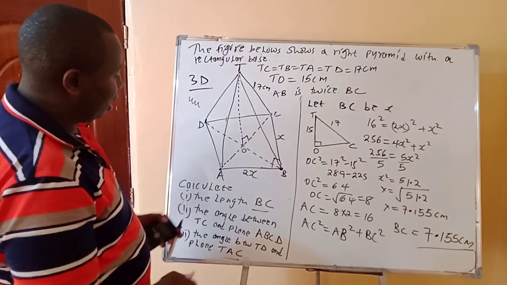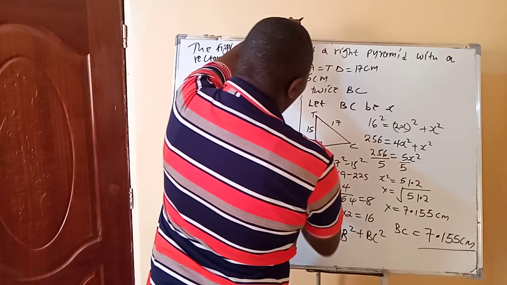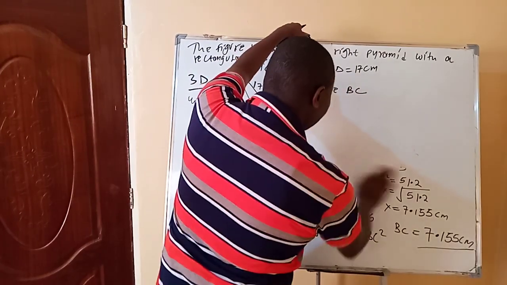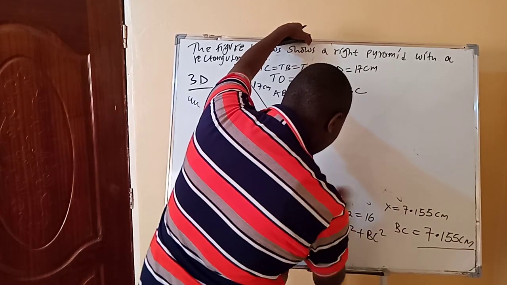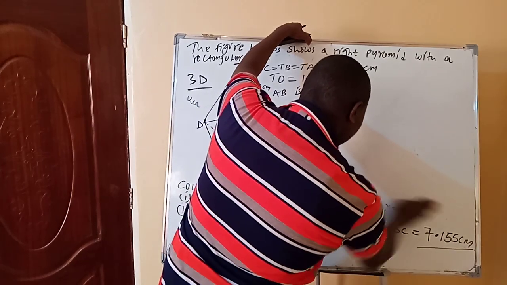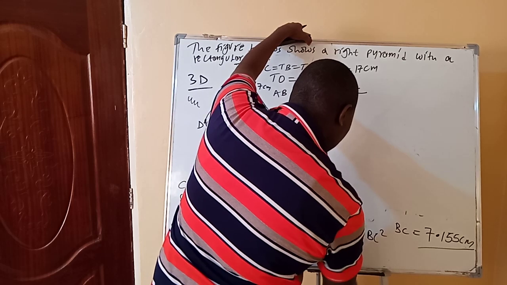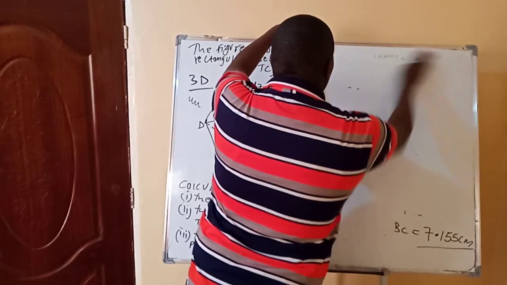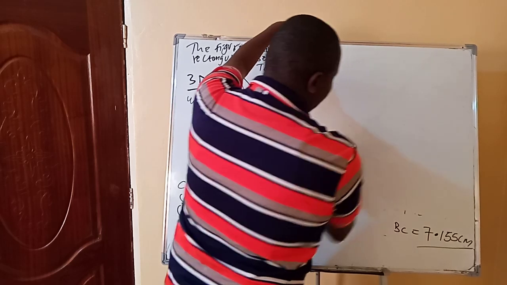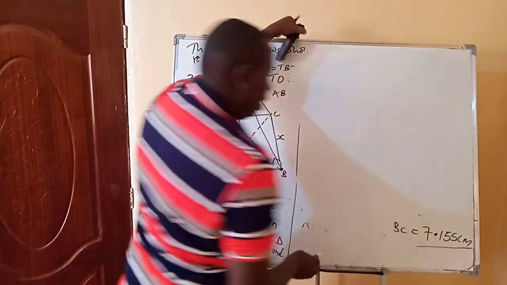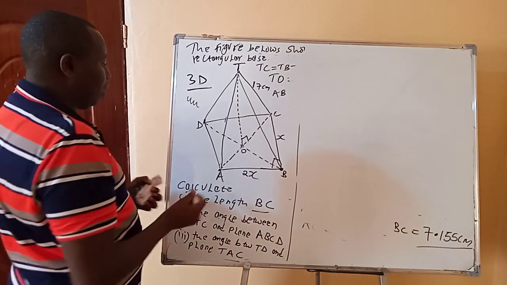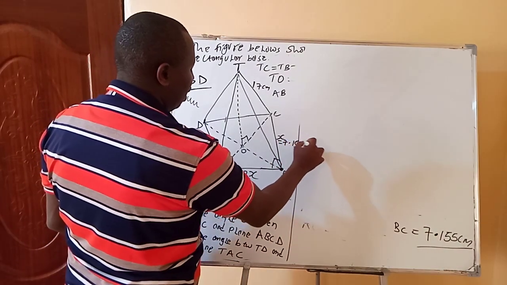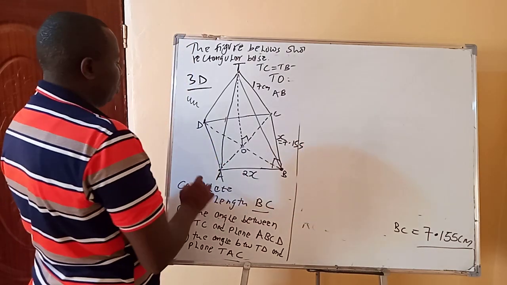So let's first of all identify the projection of this line. Our BC, note that our BC is 7.155. So therefore, what will be the length of AB?